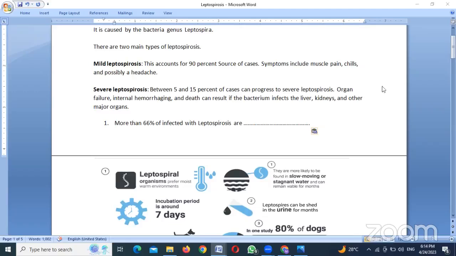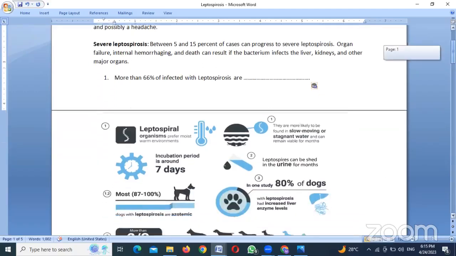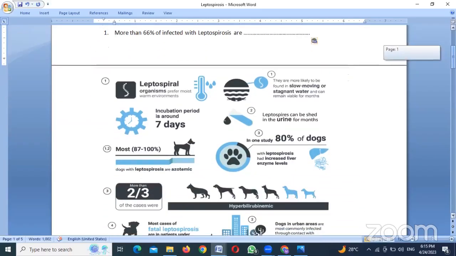If you find the answer, just tell me "I got it," write in the chat, okay? If you cannot find it in text A, we can go to other texts. Yes, I have found. Has anybody else found it or not? If not, you can go to the other text, okay?